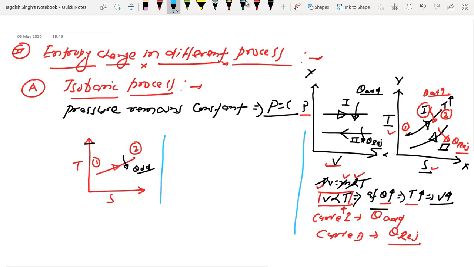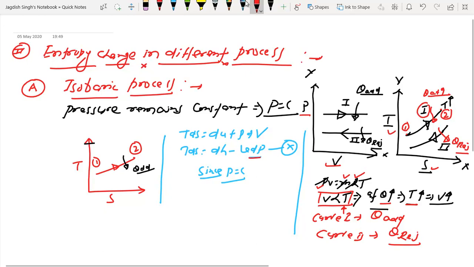We already have two equations. One is TdS is equal to dU plus PdV, and the next is TdS is equal to dH minus VdP. In this process, since pressure is constant, you pick this equation, because here dP is there.